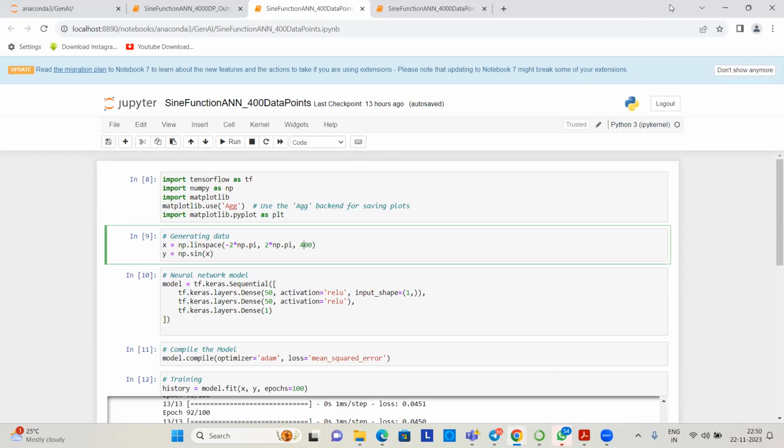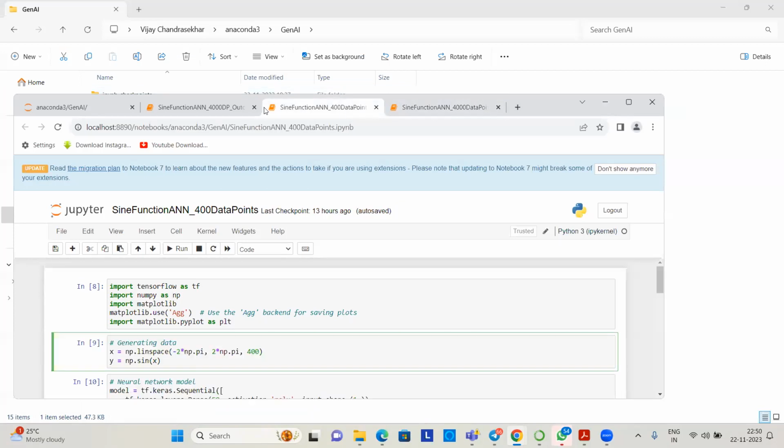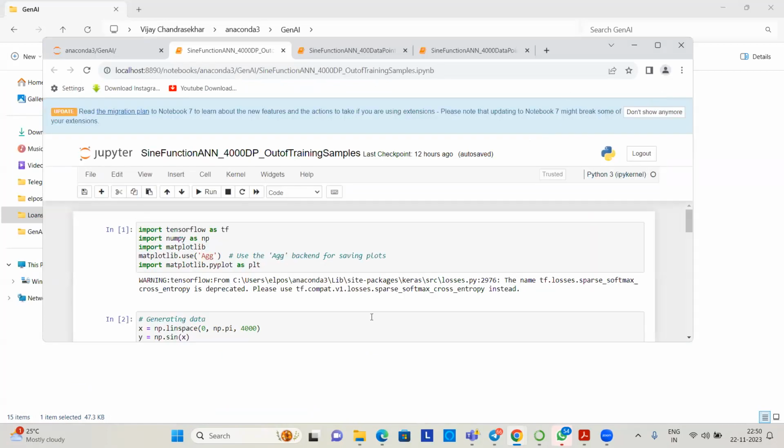And then finally, I also tried an out of sample. So which means I would have trained it to work from minus 2 pi to 2 pi, but then when it comes to predicting, I think I predicted from minus 2 pi to 3 pi, if I'm right, just to see how well it predicts beyond the sample that I trained.